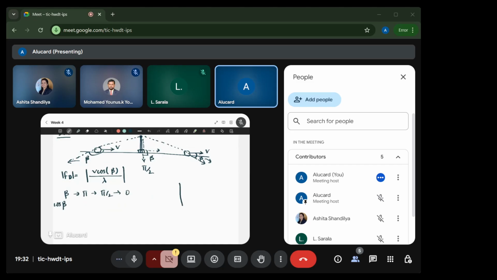Cos beta is 0 at pi over 2, it's minus 1 at pi and 1 at 0.